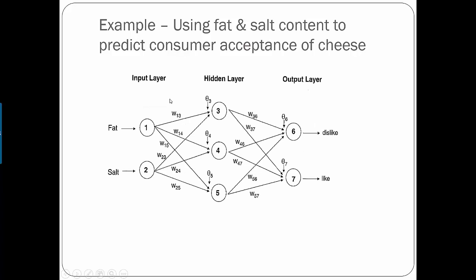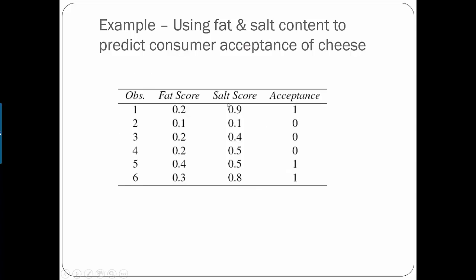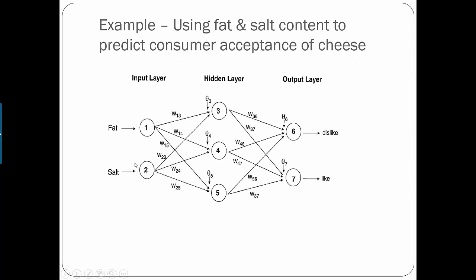Now suppose we have a one hidden layer neural network. This is what it will look like. You'll have one node for each input predictor, so that's your input layer. Since there are two predictors, fat score and salt score, we have two nodes.